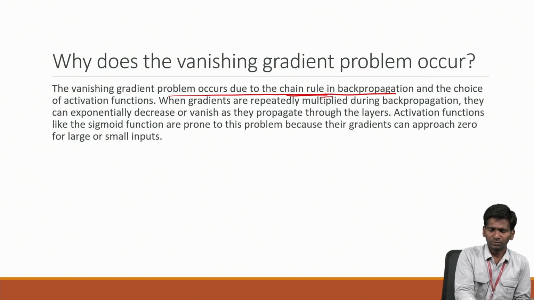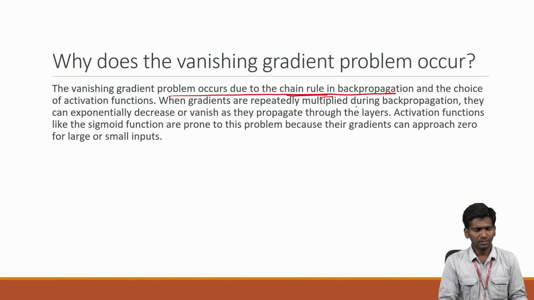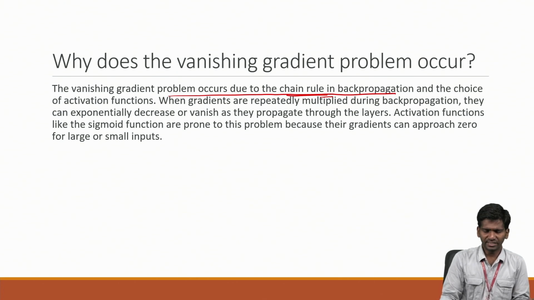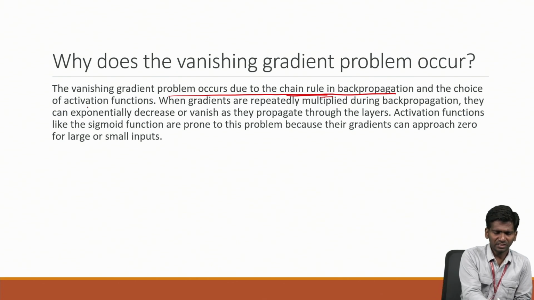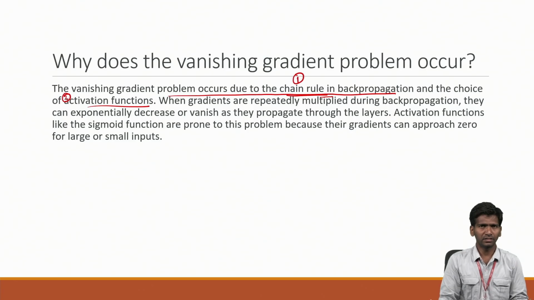Due to this chain rule, there will be a vanishing gradient problem, and also the choice of activation function. One case is because of the chain rule, the other is due to the activation function. These are the two main causes of the vanishing gradient problem, which is nothing but the disappearing of neurons from our architecture model.